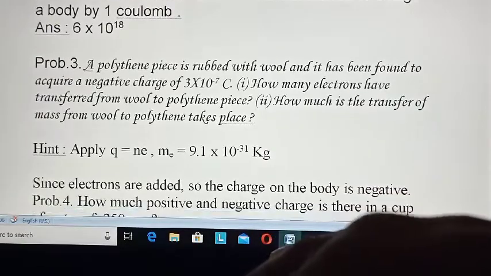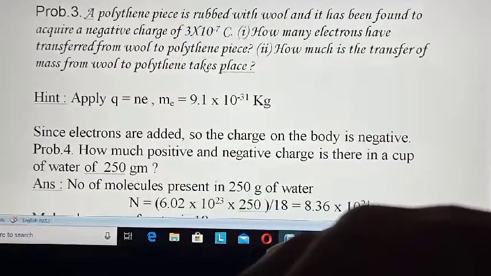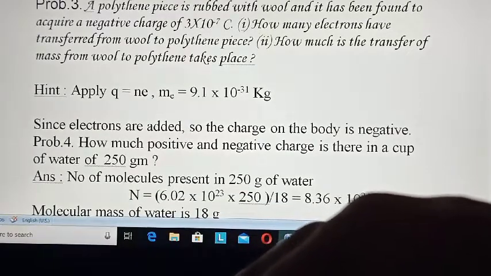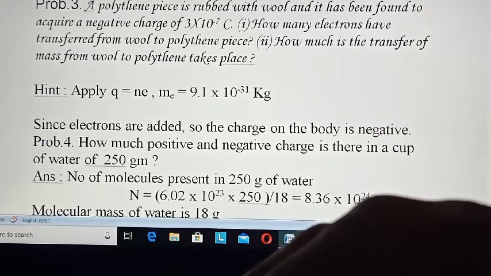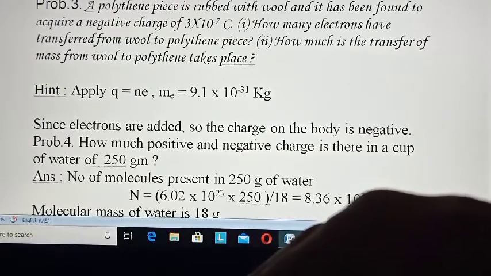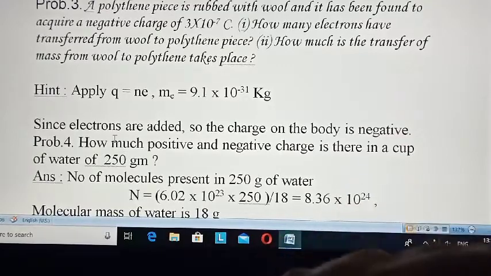This is the number of electrons that can give you 1 coulomb charge, that you have already learned in class 10 standard. Third one: a polythene piece is rubbed with wool and it has been found to acquire a negative charge of 3 into 10 to the power minus 7 coulomb. How many electrons have transferred from wool to polythene piece? How much transfer of mass from wool to polythene takes place? Here also you have to do the same thing.